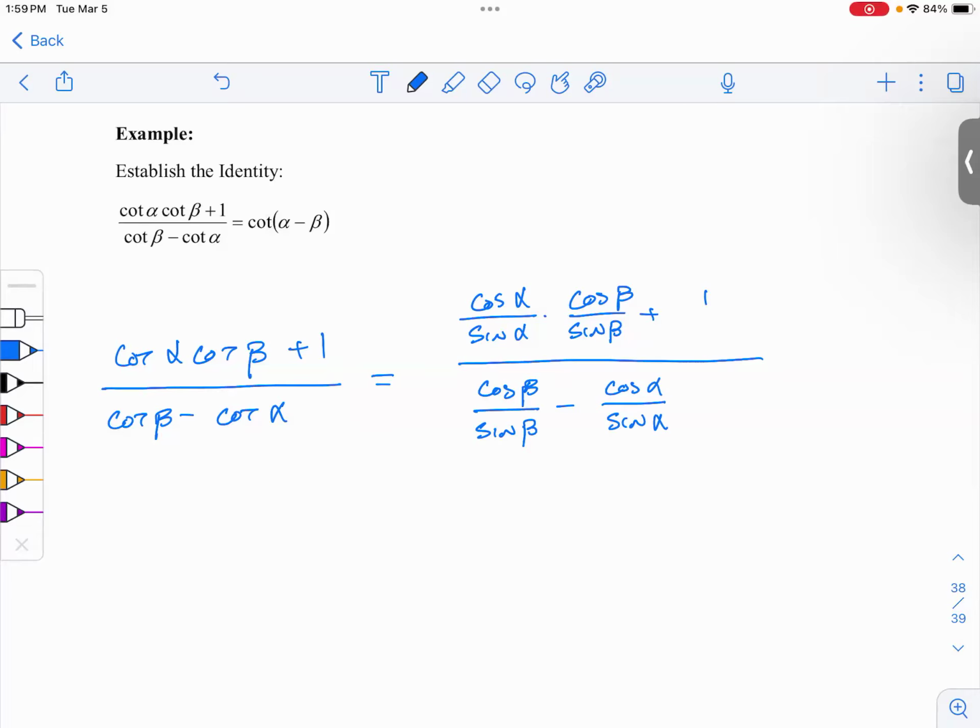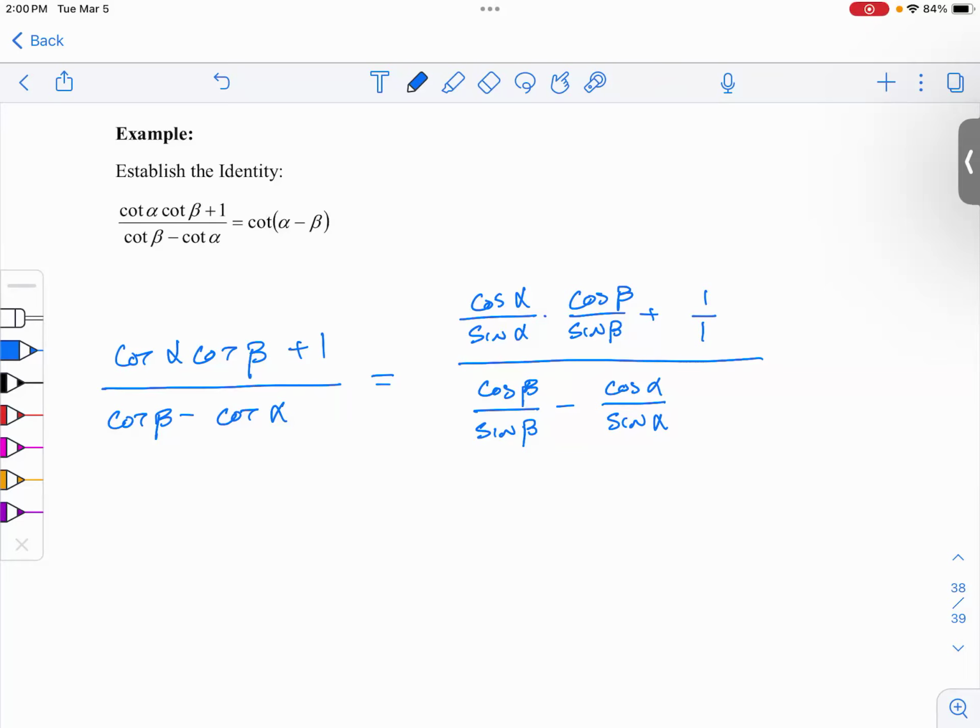All right, what else do we see? What do we see we should do next, maybe? Common denominator?